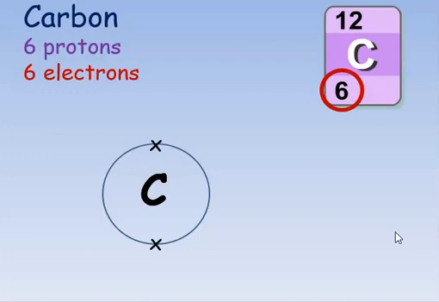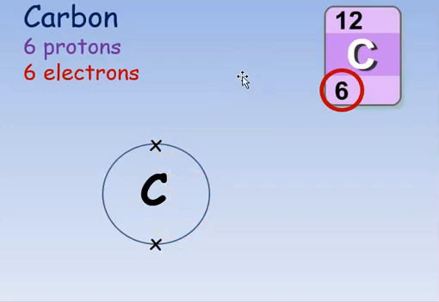Now you can choose if you want to represent the electrons with crosses like I did, or you could also use little dots, but I'm going to use crosses as we continue. So we've got 2 electrons in place. As we draw the electrons, we try to put them as far away from each other as possible, as you can see here. So how many electrons do we have left now?